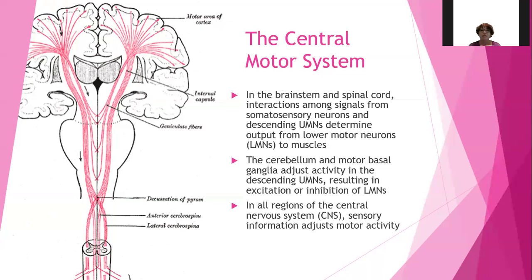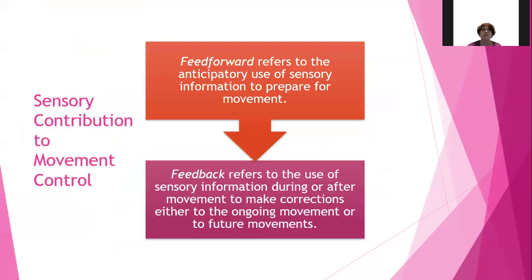So the cerebellum and the motor basal ganglia nuclei adjust activity in the descending tracts, resulting in either excitation or inhibition of lower motor neurons. So all the regions of the central nervous system and sensory information adjust motor activity. So even though the upper motor neurons live in that primary motor cortex, there's a lot of other information going on into motor acts as well.